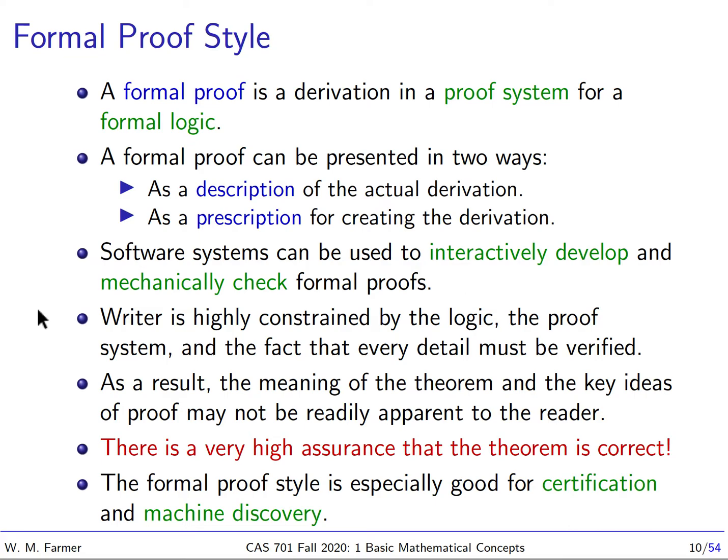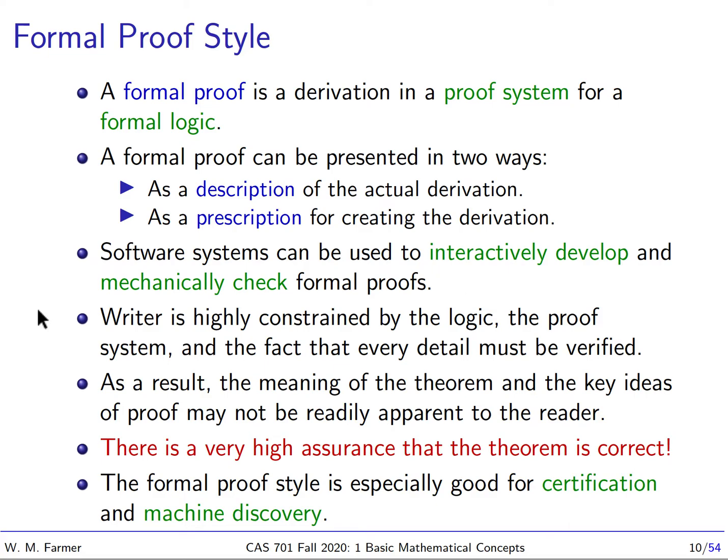And often the meaning of the theorem and the key idea of the proof may not be readily apparent to the reader. They get lost. Formal proofs are very good for certification. They're not so good for communication. They're also good for machine discovery because our proof is formal. That means we can write software to analyze it and discover new things.